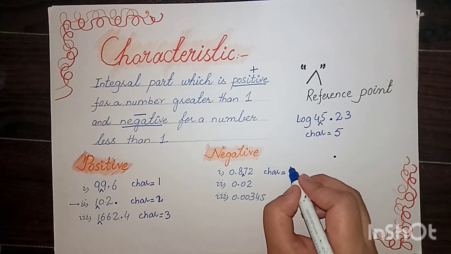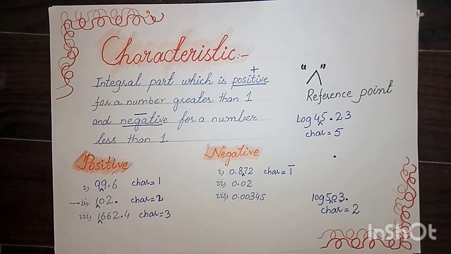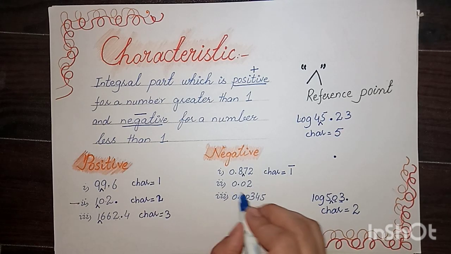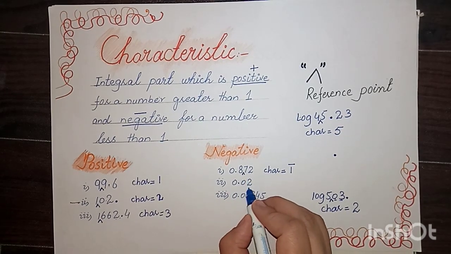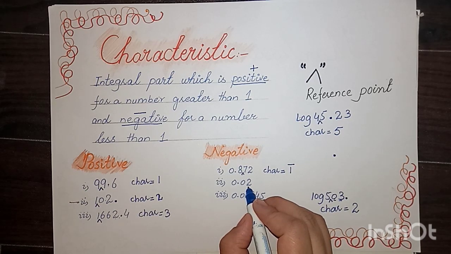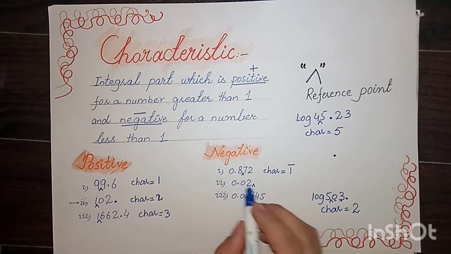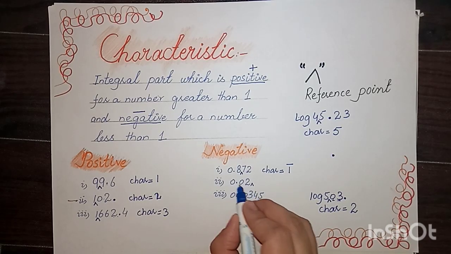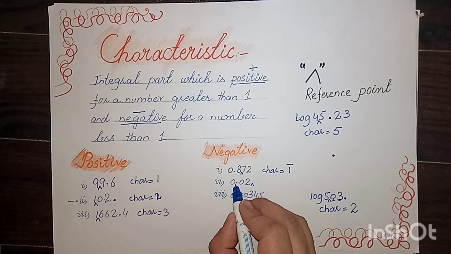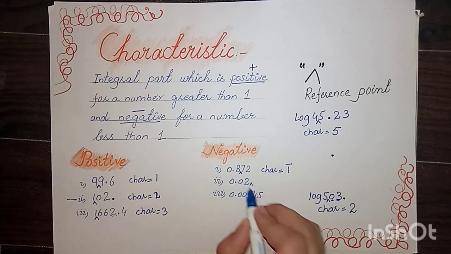In logarithm we will write the negative sign at the head of each and every number. So in this example, 2 is my first non-zero digit. So after this I will write the reference point. Then how many numbers are between the reference point and decimal point? These are 2 numbers.